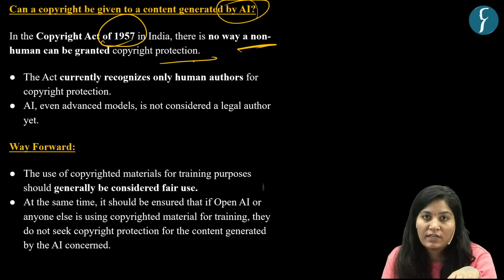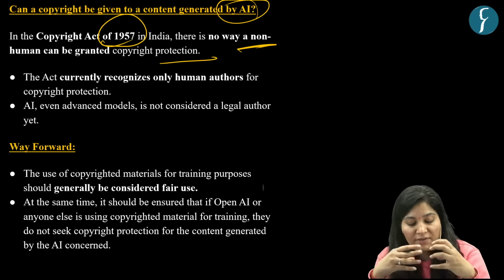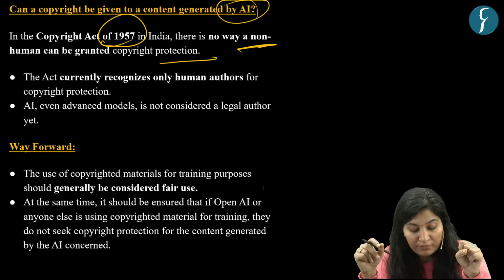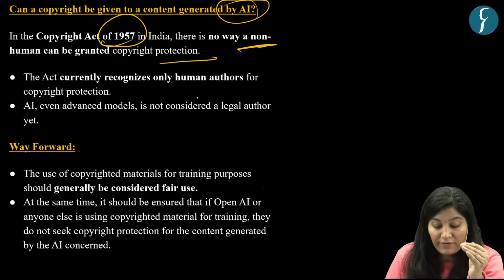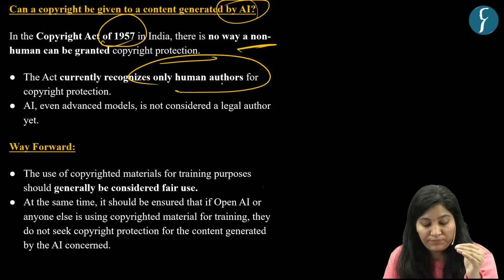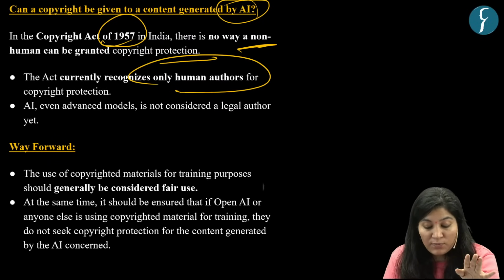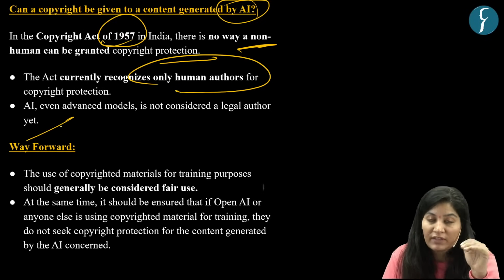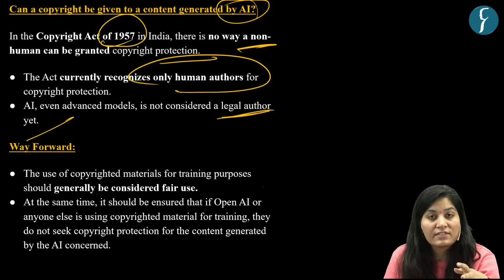Till now, this is the legislation. This Act recognizes only human authors for copyright protection. And second, an advanced model is not considered a legal author yet. So this is the answer to the next question.